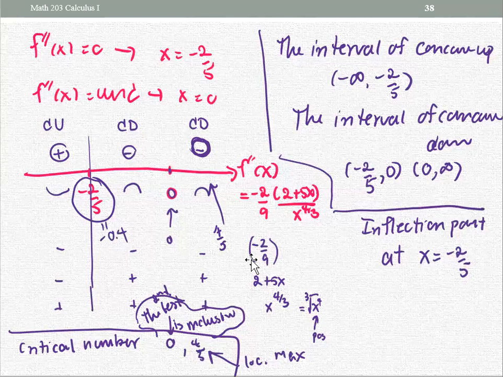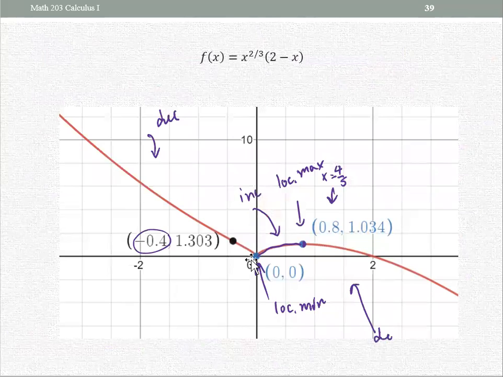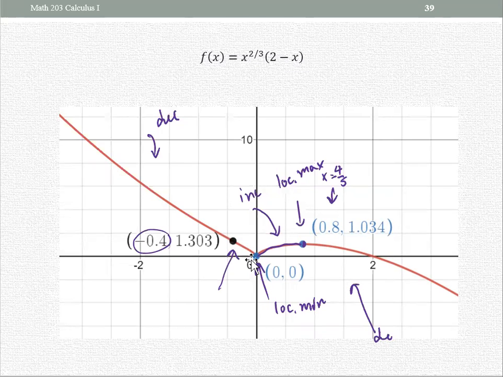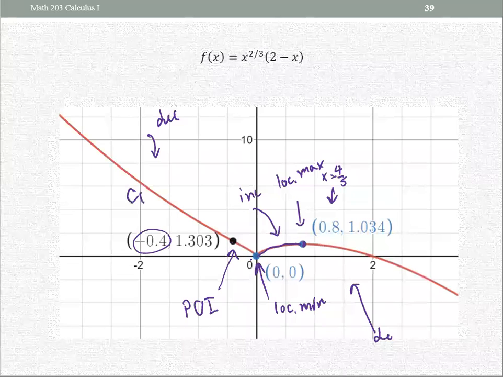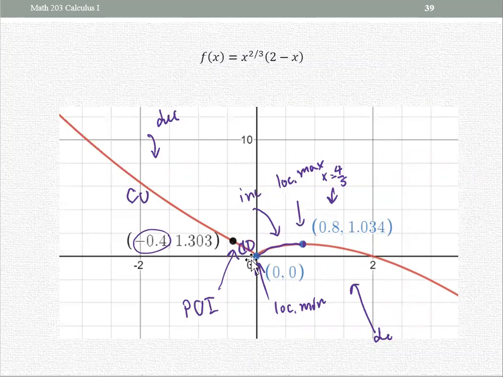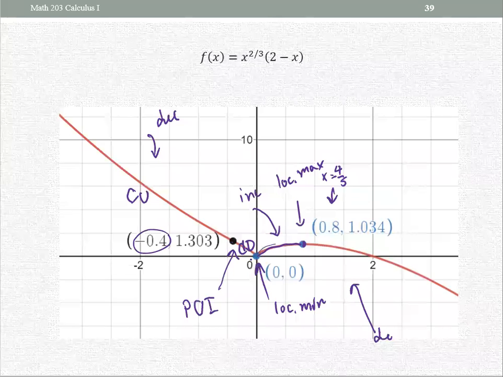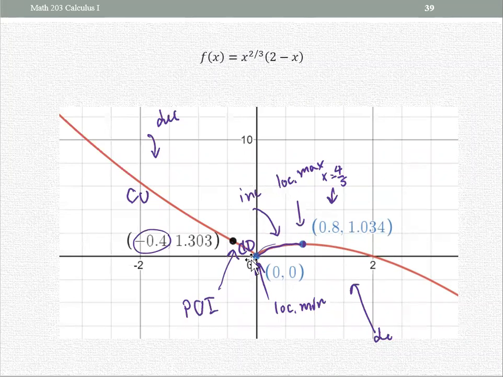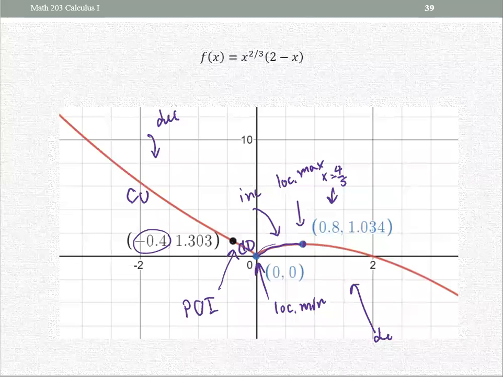The graph goes from concave up to concave down, so that is the point of inflection. And after that, it's concave down, another concave down, because as you go along the curve, your tangent line is above the curve. All right, so this is the full analysis of the graph that is not a polynomial.